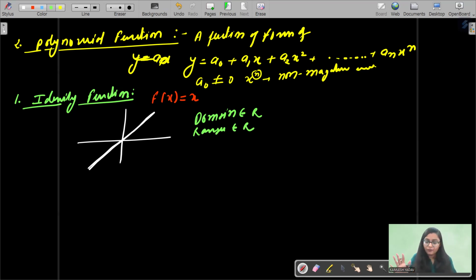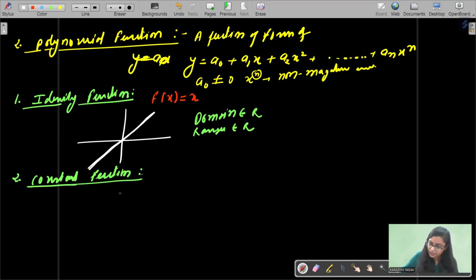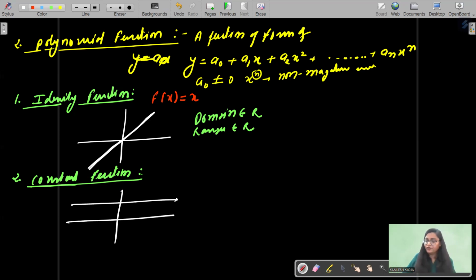Now the second form of polynomial function is the constant function. In the constant function, it has this type of diagram.